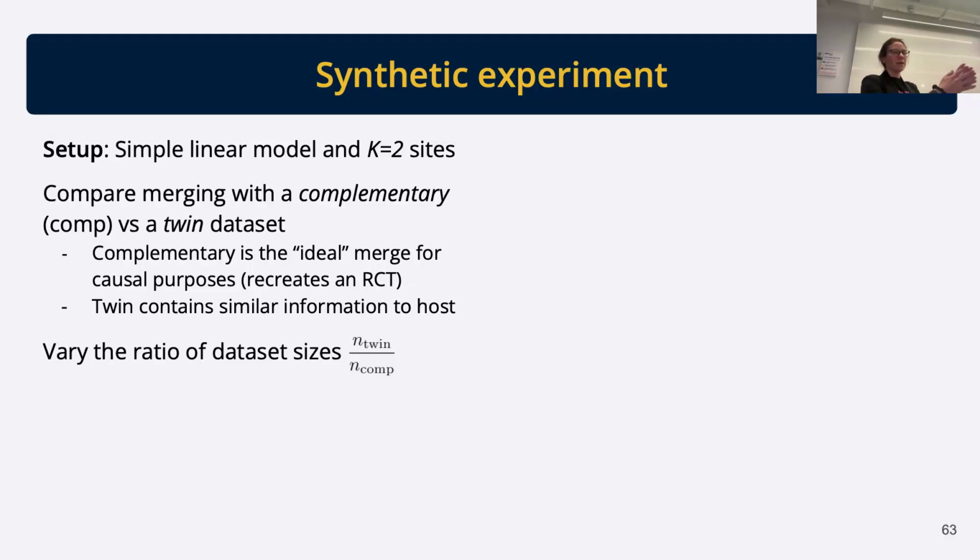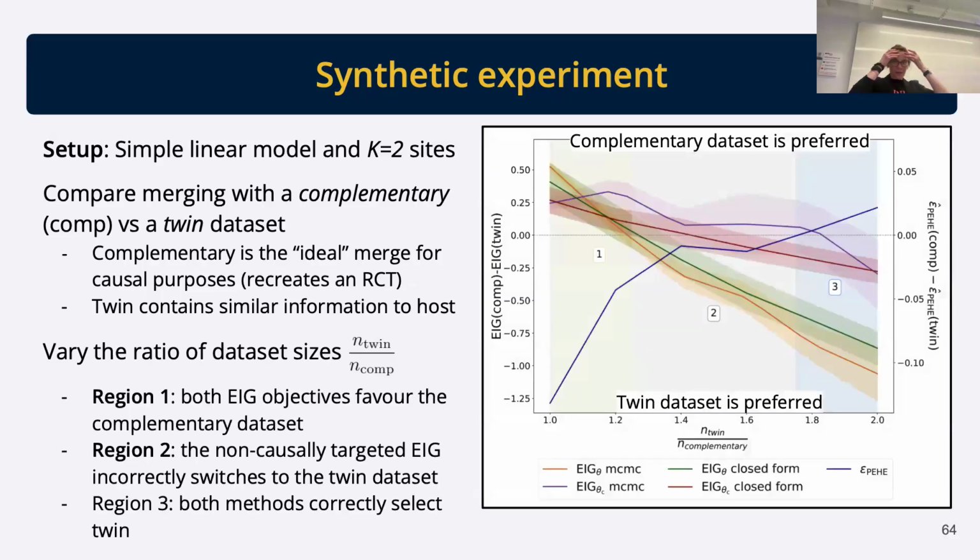The twin data set will be essentially the same as your host, i.e. drawn from the same distribution, and it will not recreate the entire RCT. Now we're going to vary the ratio of the data set size, the twin data set to the complementary data set. And this is the picture that we get.